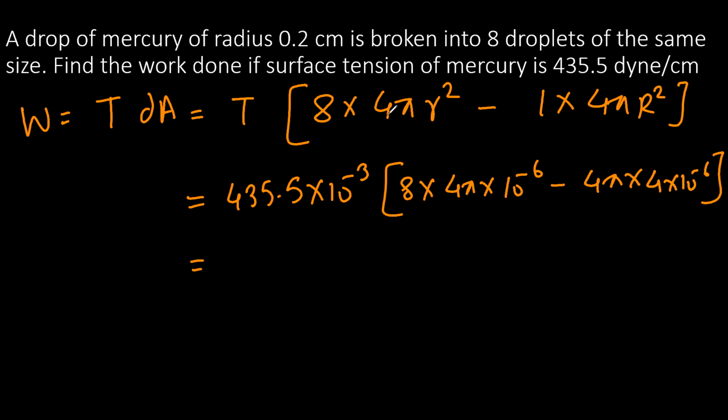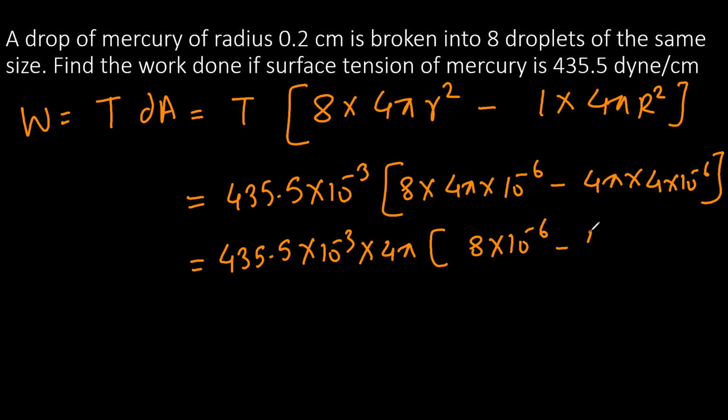Okay. So I can take 4 pi as common. Inside: 8 into 10 raised to minus 6 minus 4 into 10 raised to minus 6. You can also take 10 raised to minus 6 as common.